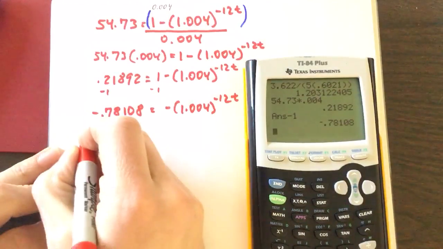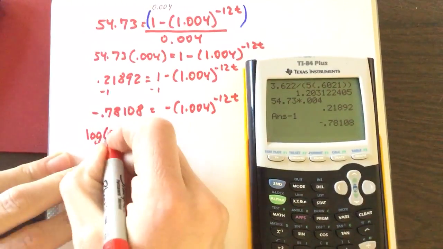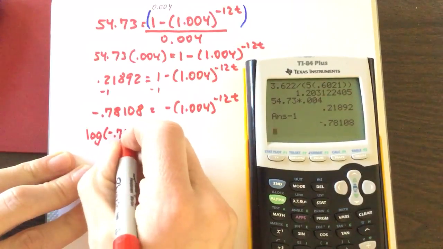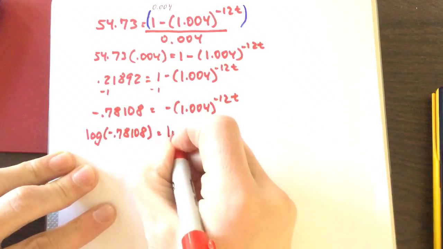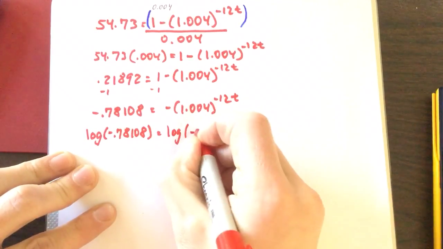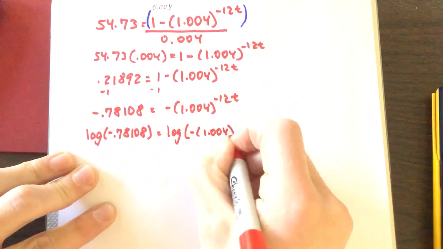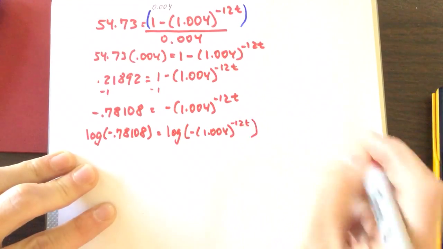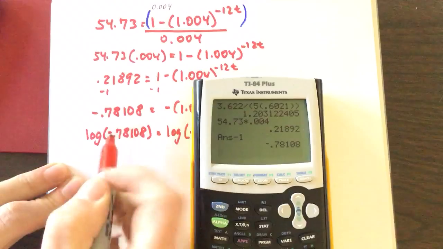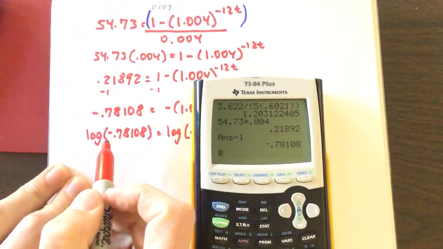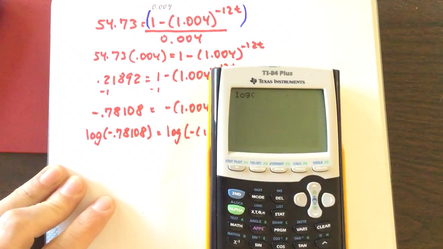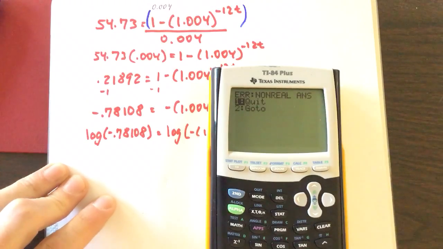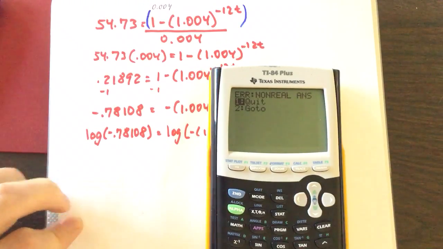If we log both sides, and I'm doing something wrong, I know I'm doing something wrong. I'm going to correct it in a moment. Well, that's just some number, log negative 0.78108. If we plop that into the calculator, log negative 0.78108. Calculator, uh-oh. Non-real answer.